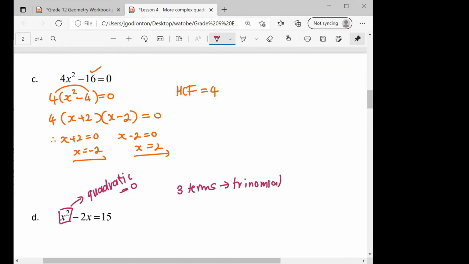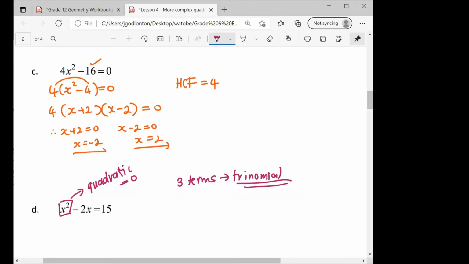Now, I know a lot of you were very good at figuring out trinomials in our last lesson session. So I have faith that you're definitely going to be able to do this question. Can everyone please give it a try for me? So you need to move that 15 over, and then you need to factorize it as a trinomial, and then you need to give me my 2 answers for x. I'm going to give you a couple minutes to try.